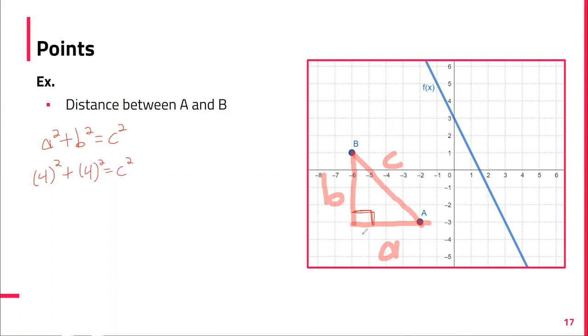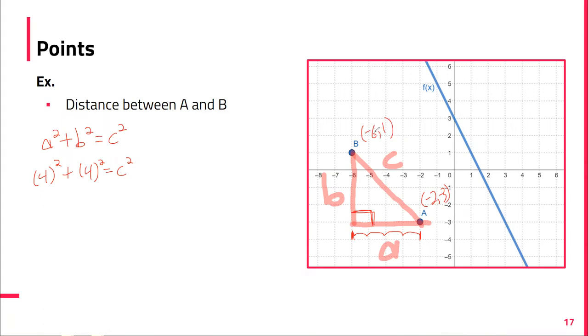Okay, so how do we get those lengths? Well, we're just counting the points here, like how many steps on our grid, 1, 2, 3, 4, or we could think of the coordinates of these points. So we have -2, -3, and the other one we have -6, 1. What's the horizontal distance between those two?